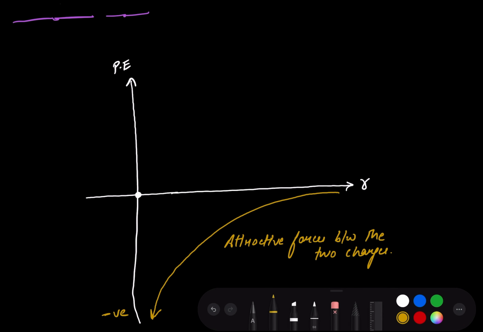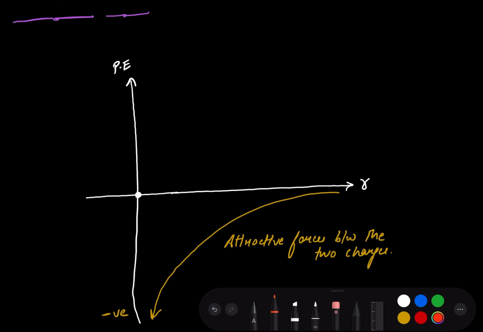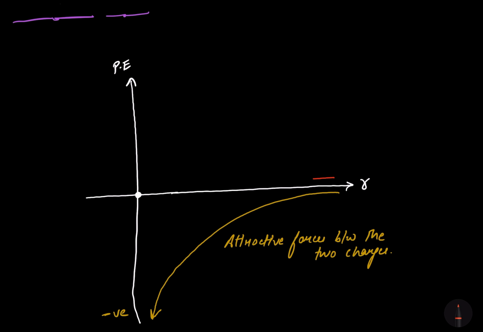Now let's talk about another case. If on decreasing the r the potential energy is increasing, that means the value of potential energy is going positive.